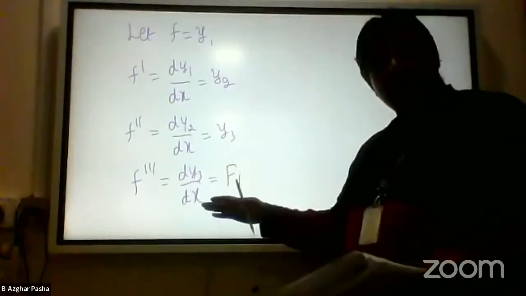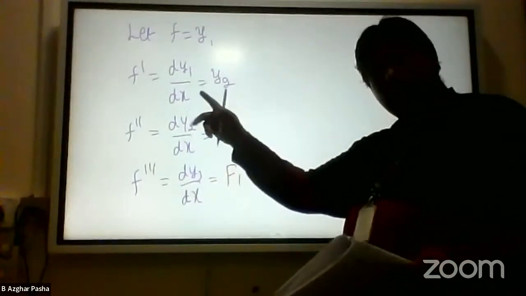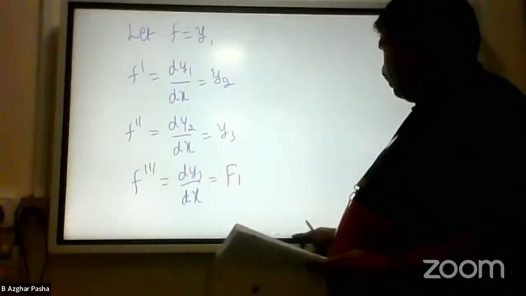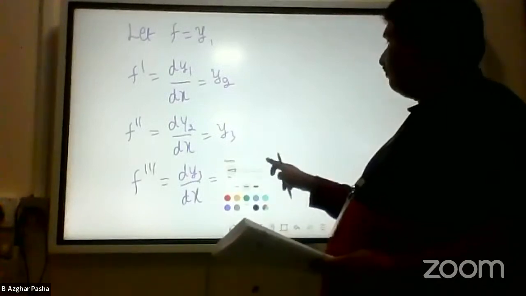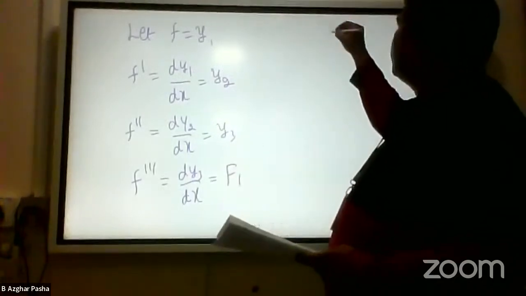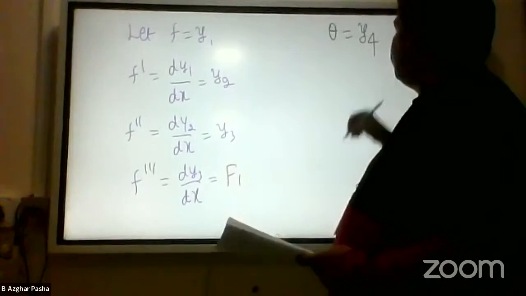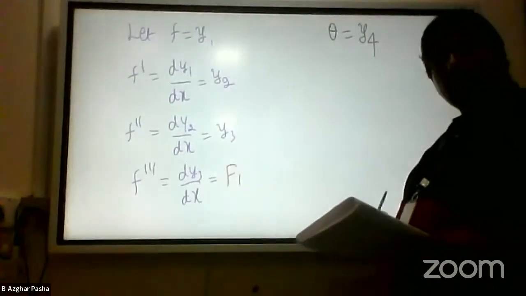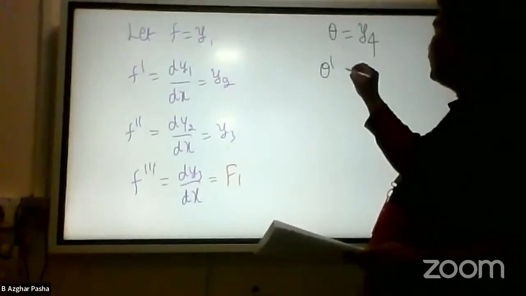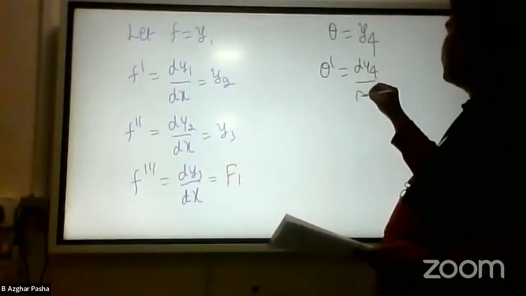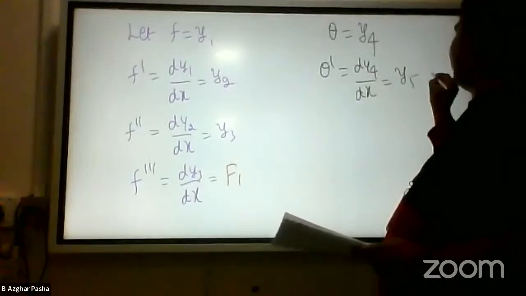After f, till the third derivative, because the third derivative is given, stop, and continue with theta. I have defined till y3, so theta has to be y4. Theta is given till the double derivative. Theta dash is the derivative of y4 with respect to x, call it y5.